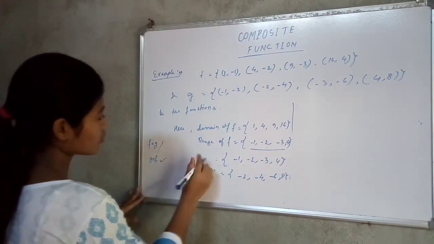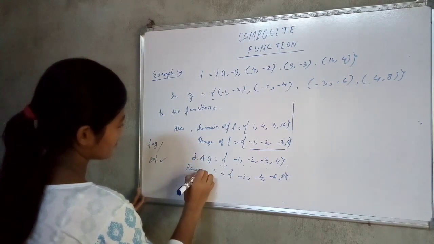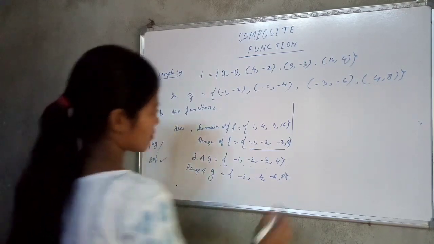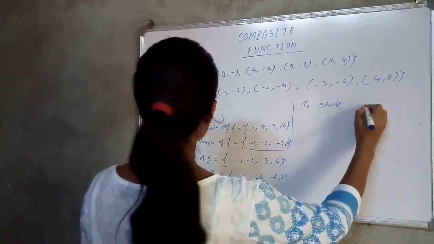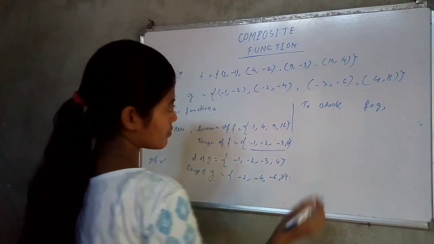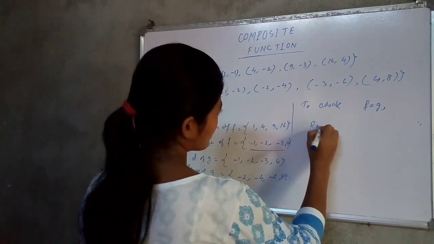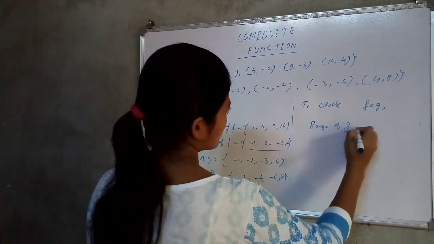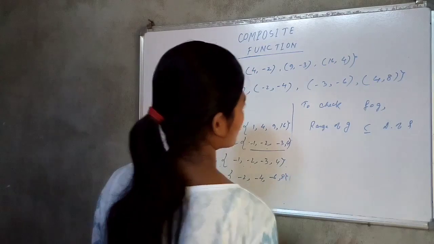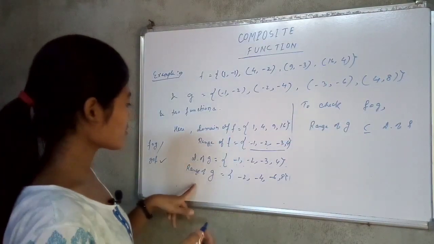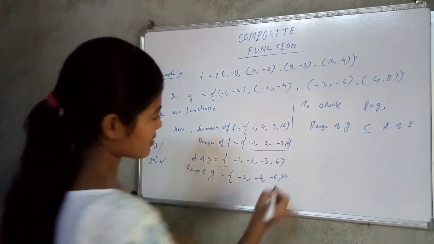To check, we need to see whether the range of Z is a subset of the domain of F or not. Now, the range of Z is the set of elements -2, -4, -6 and 8.